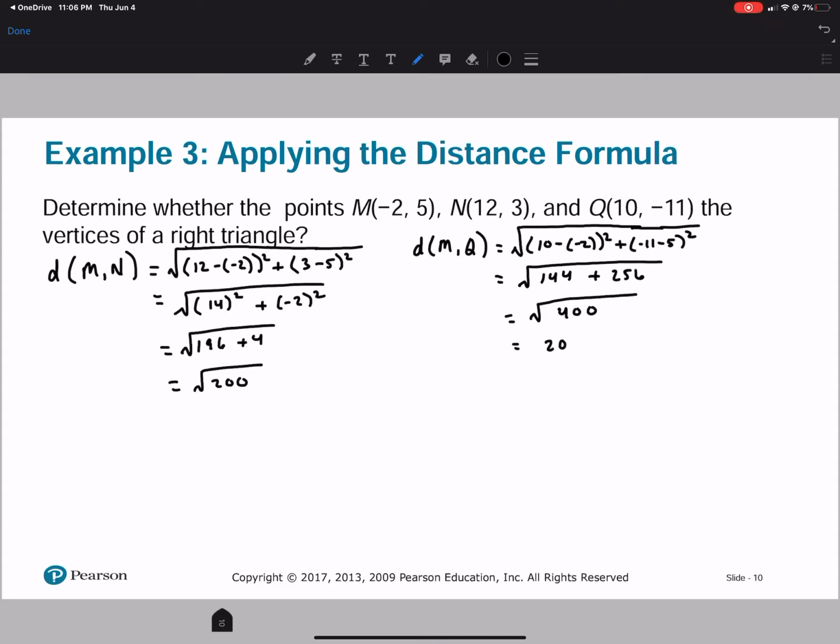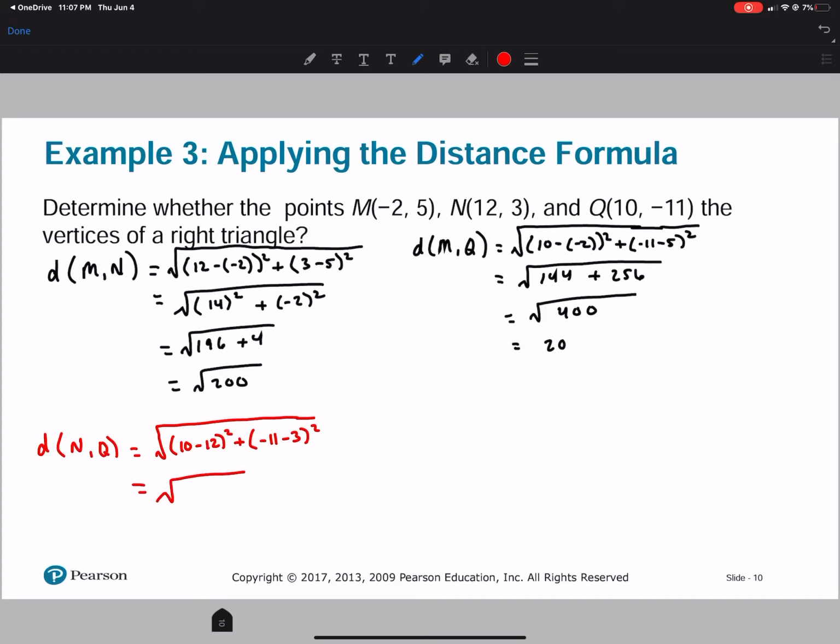Now, one that we didn't do. Let's do the distance from N to Q. That's equal to the square root of 10 minus 12 squared plus negative 11 minus 3 squared.